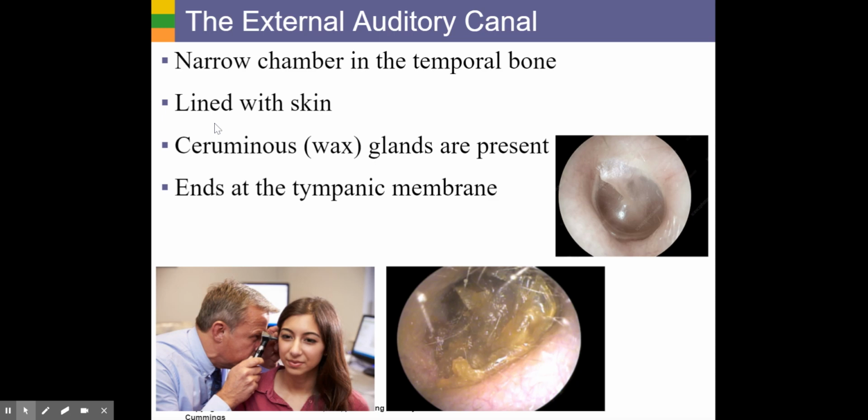It is lined with skin, right? And then there is a waxy substance produced by the skin that helps to protect it. At the end of it is housed the tympanic membrane. The wax is essentially there to keep moisture out, as well as trap dirt or anything that would get into the ear, and then it would work its way out.